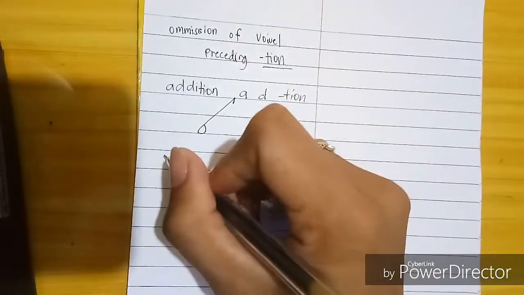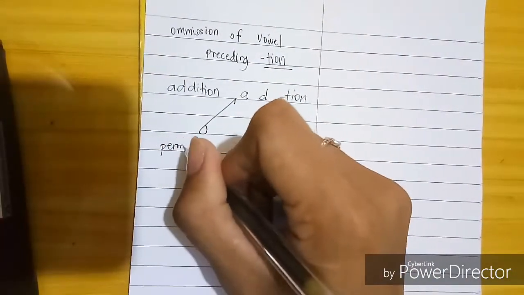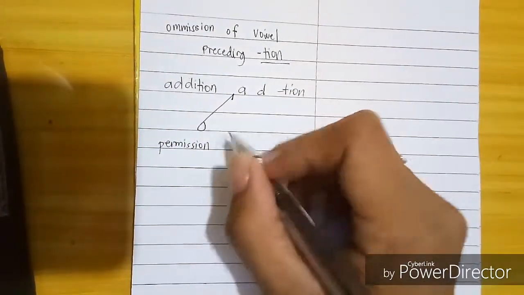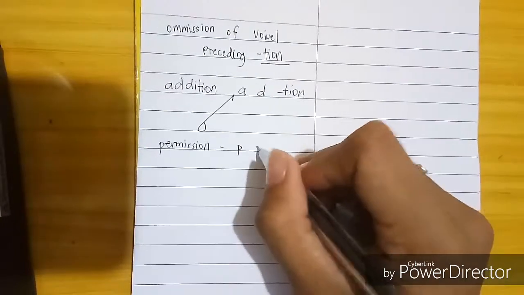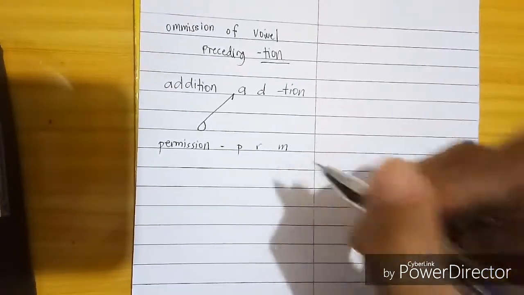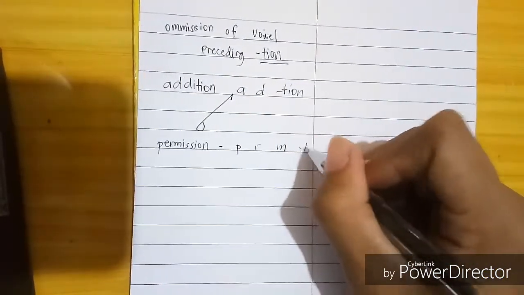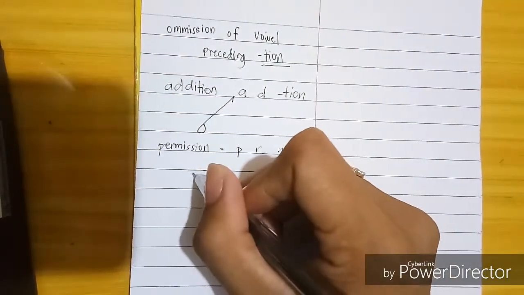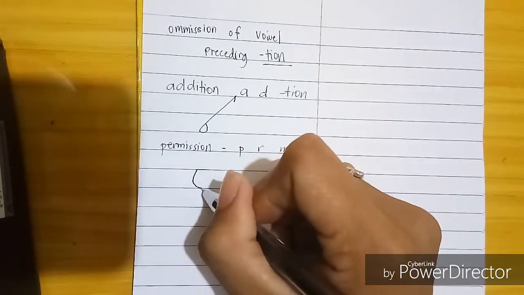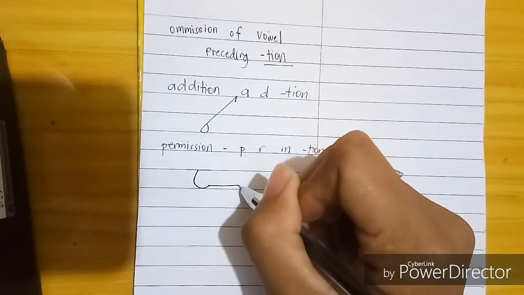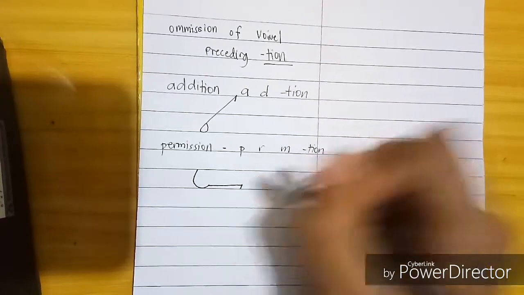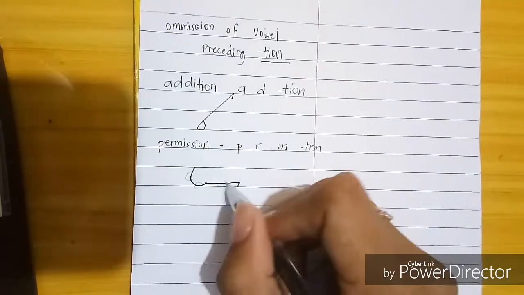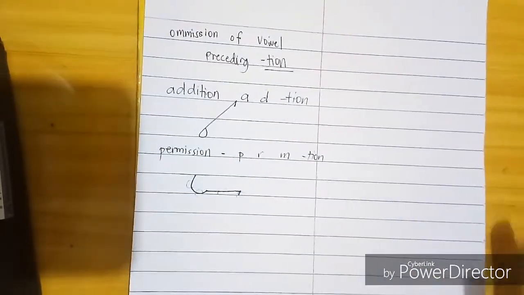Next is permission. Permission is represented by P, R, M, and the stroke of Sean. And it will be written in this way. The P, R, M, Sean.